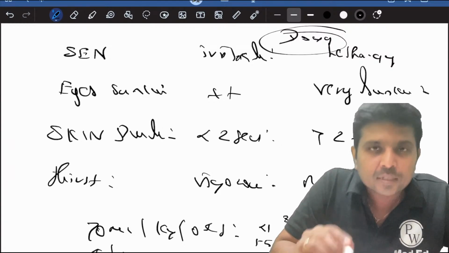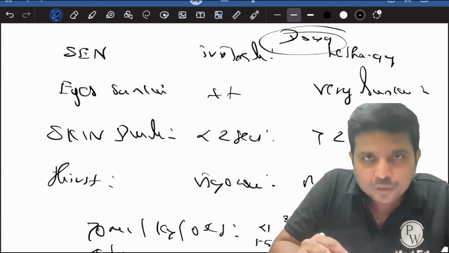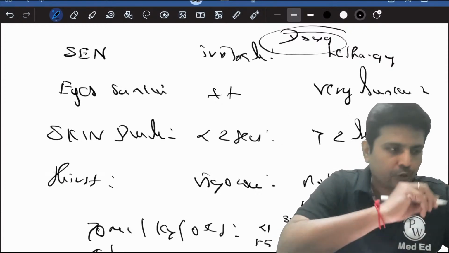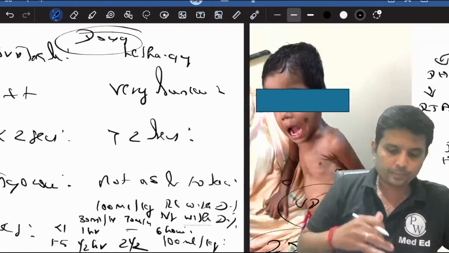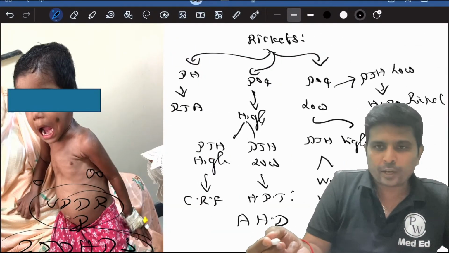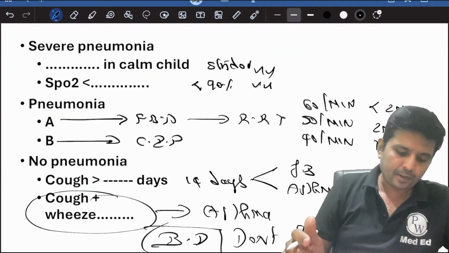More than 2 years, cholera endemic area, 1 dose of doxycycline 2.2 mg per kg stat, only 1 dose, right? Okay, Rickets, it was discussed in detail, so I'm skipping it.